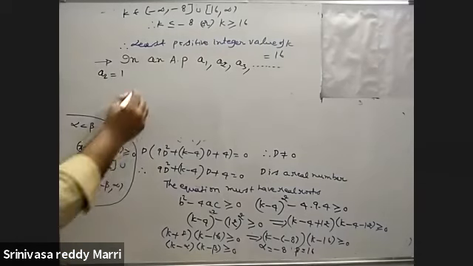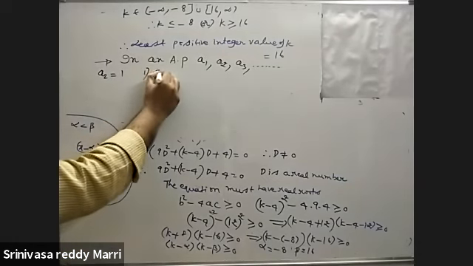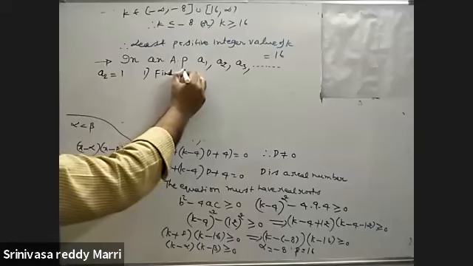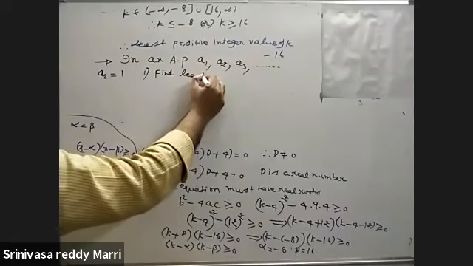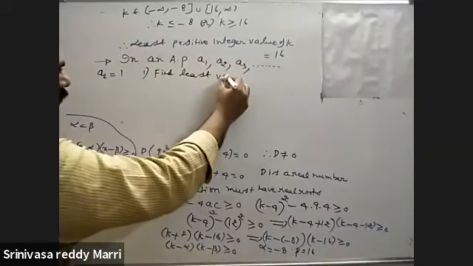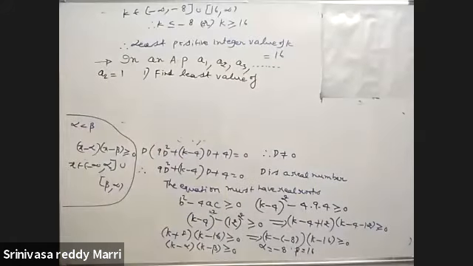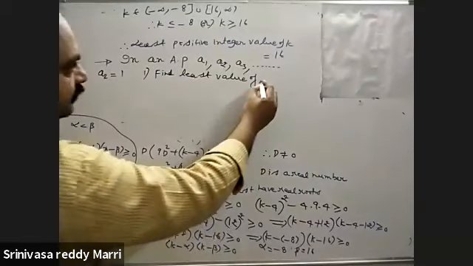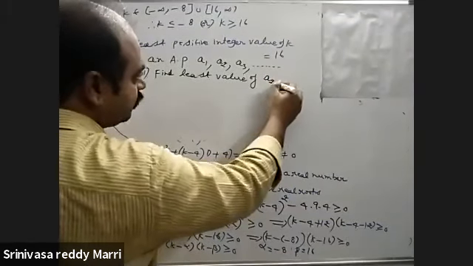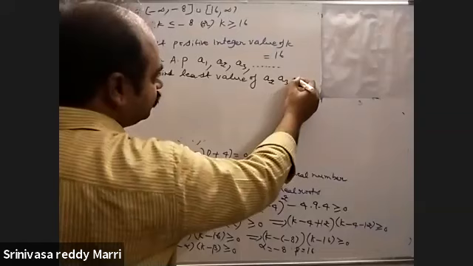Number one, the first question he is asking is: find the least value of A2 into A3 into A4.